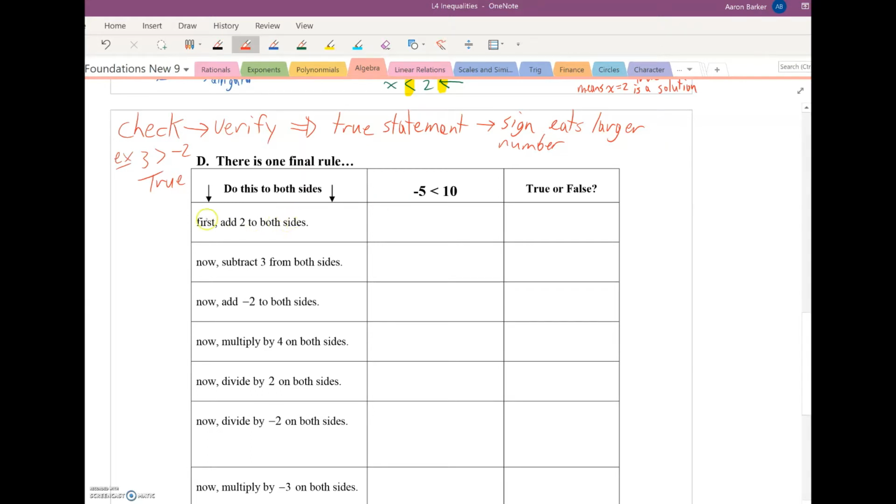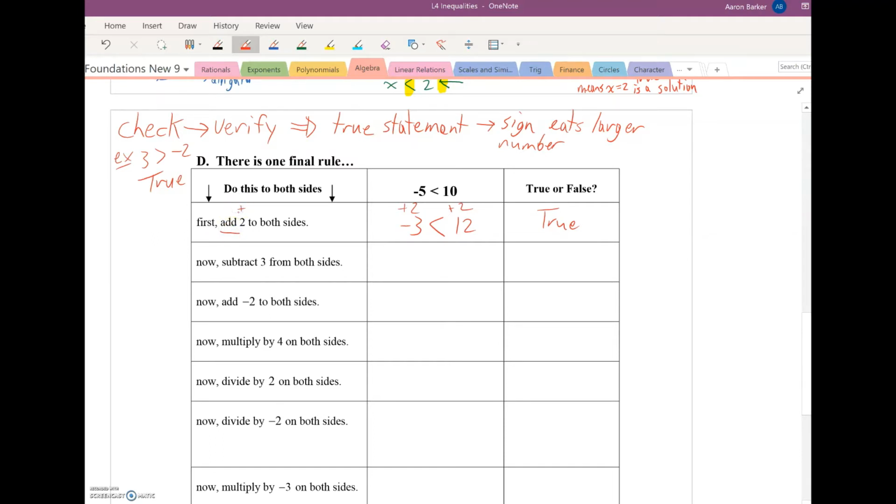If we add 2 to both sides, we would get -3, sign stays the same, and 12. Is that a true statement? Is the sign eating the larger number? True. So we have no problems when we're adding a positive.